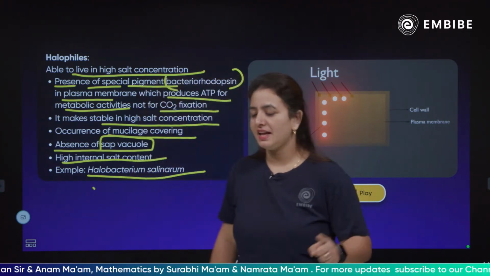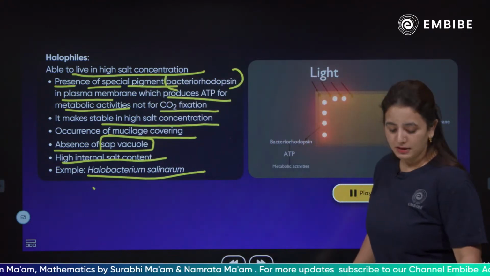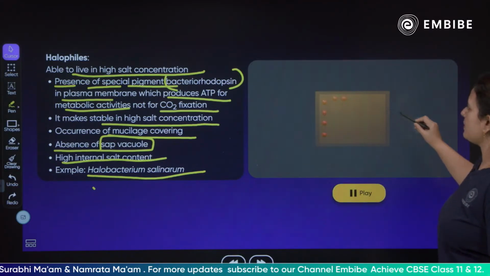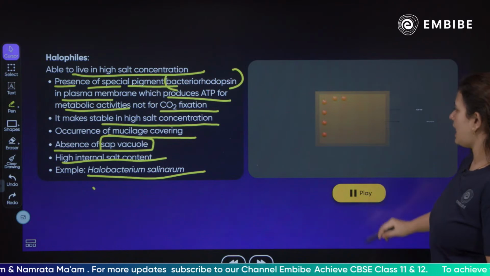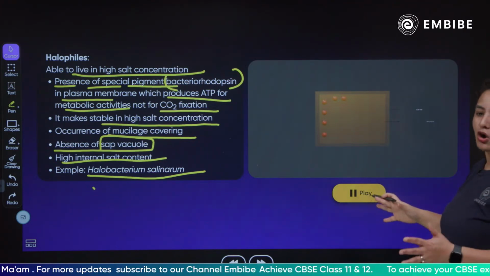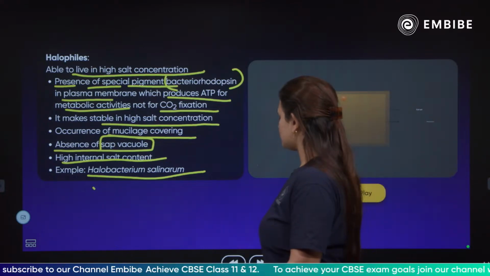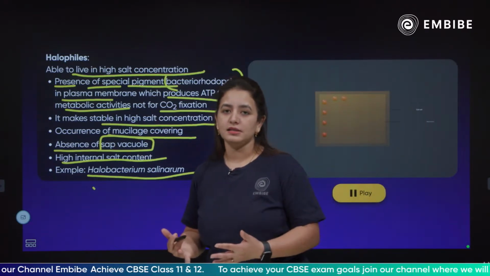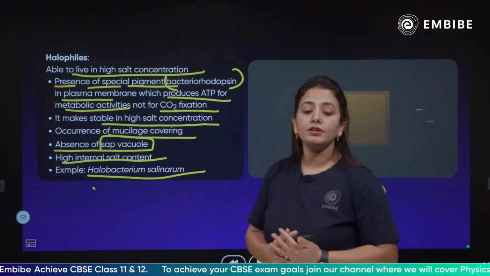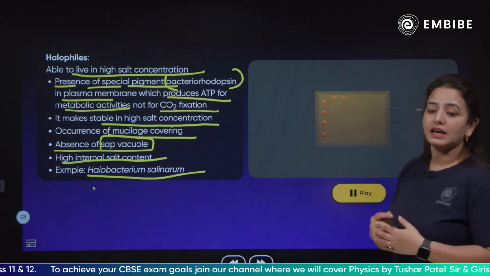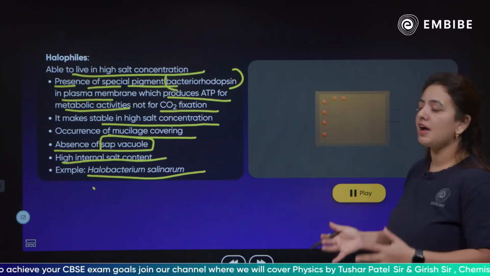And there is this light, which is just for your understanding only. Clear? So this is all about the features of halophiles, how they are able to survive in extremely salt condition, and what exactly is present that led to their survival.